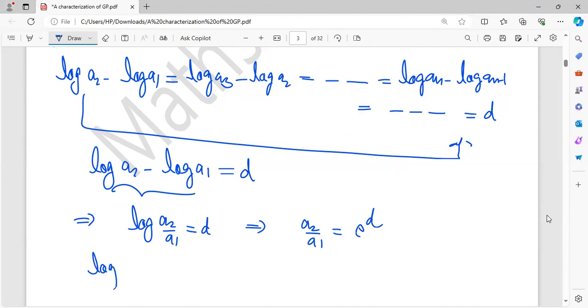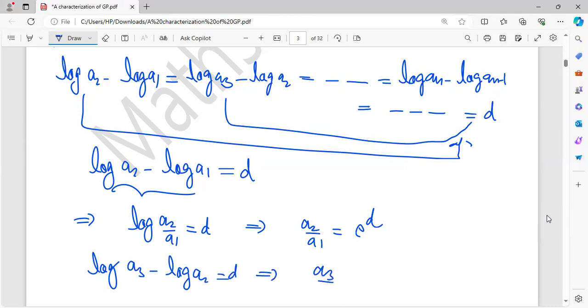Now log a3 minus log a2, that is d. After solving it, we get a3 upon a2 is equal to e to the power d.